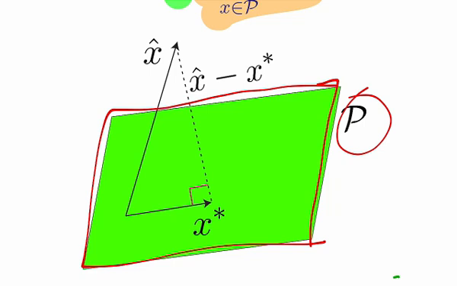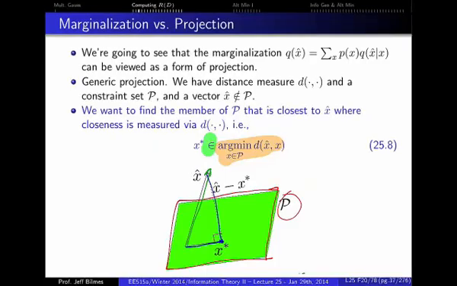The vector is outside of the set, that's x hat. And then you want to try to find the one in the set that minimizes the distance. If everything was nice and Euclidean, the solution, which is this vector here, which lies within P, is orthogonal to the error, x hat minus x. So that's a very common result. But you can sort of imagine that's what we mean by a projection, according to some distance.